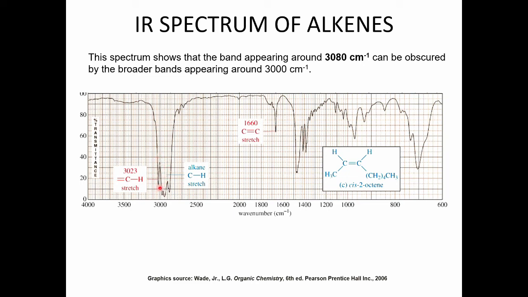This can be really hard to distinguish and really say for certain if you're working with an sp2 hybridized or an sp3 hybridized hydrogen. So just keep that in mind.